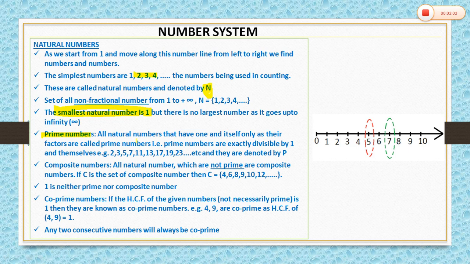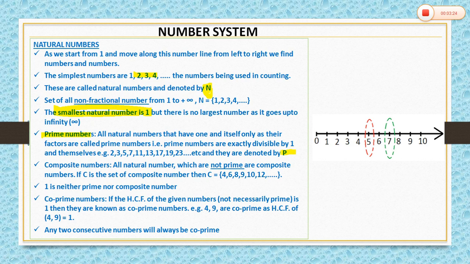So 4 is not a prime number, 9 is also not a prime number, 12 is not a prime number. So what are prime numbers? 2, 3, 5, 7, 11, 13 and so on. They all are denoted by P.